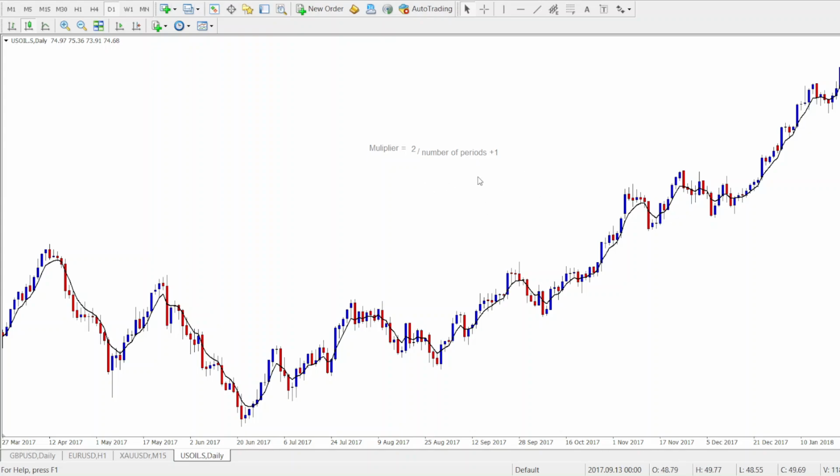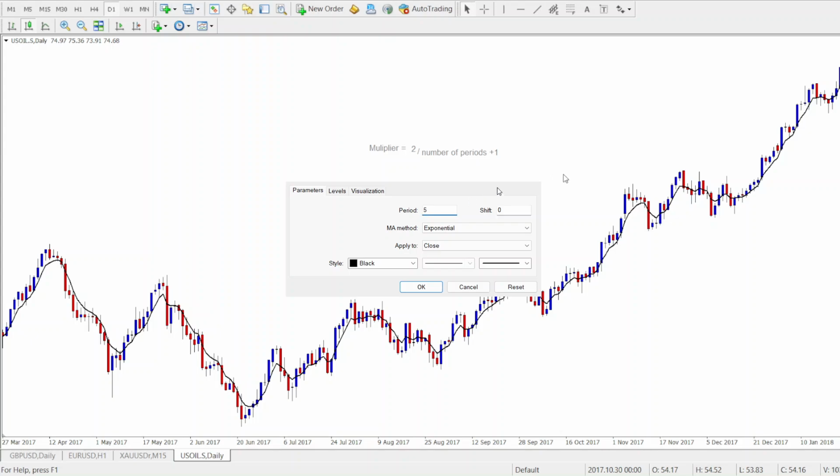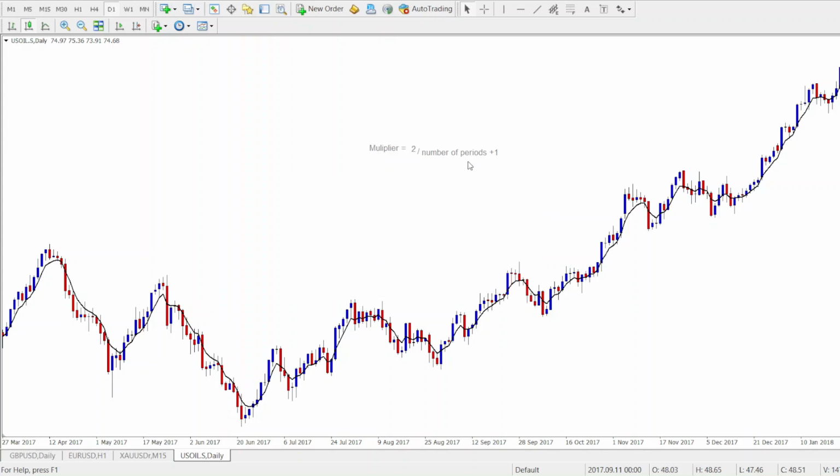So for a 5-day EMA, remember we are using the 5-day EMA, so 5 periods. The number of periods is 5 plus 1.